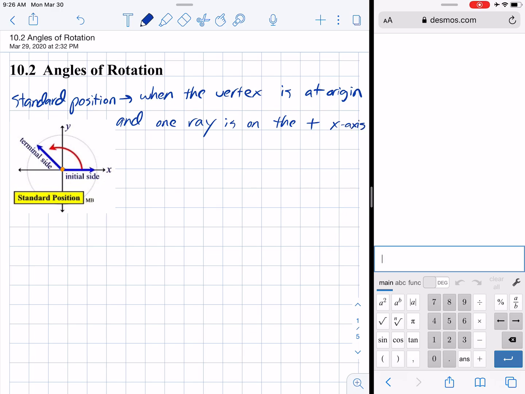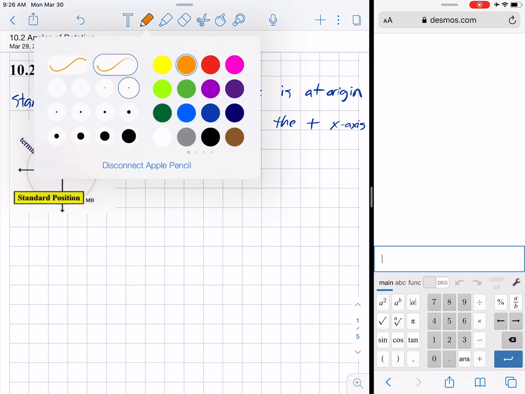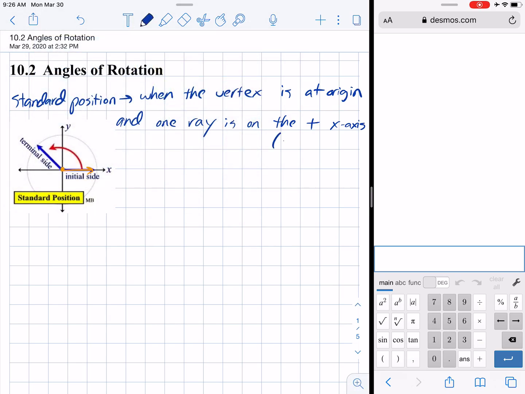Okay, and that would be talking about this ray right here. So the ray that's on the positive x-axis is called our initial side of an angle in standard position. And then terminal side, you can think of finishing. The angle finishes on its terminal side, and that tells you really the angle's measure.